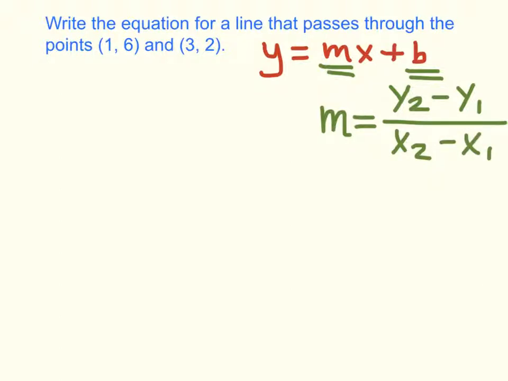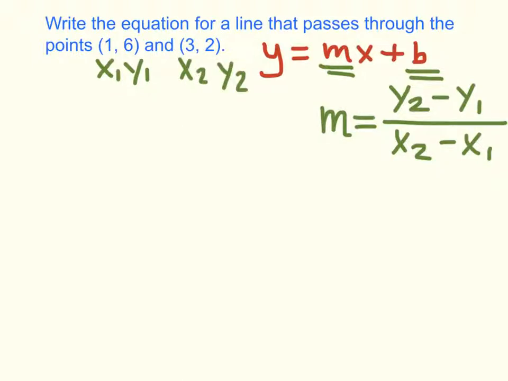In the slope formula, the x1 and y1 correspond with the x and y coordinates of the first point. The first point here is the point (1, 6). So I'm going to label those coordinates as our x1 and y1. And then our second coordinate pair I'm going to label as x2, y2.